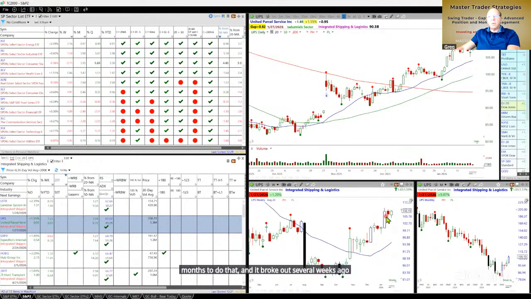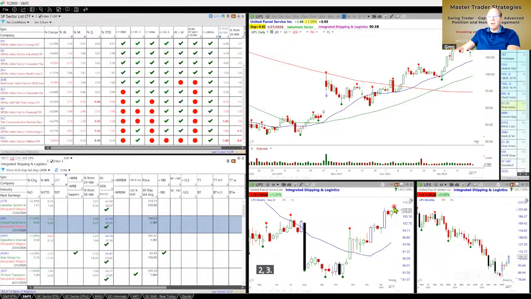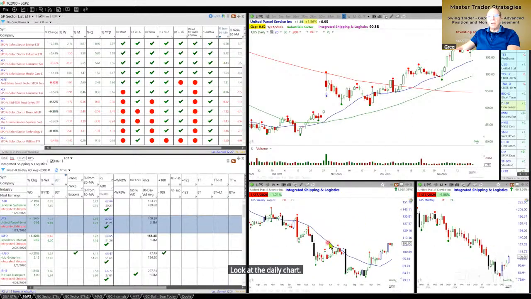This pattern is what we call a 1, 2, 3, 4, which hasn't occurred yet. It's got to trade above here. Look at the daily chart. It's got room to go up. This should be on your buy list. Let's see where it ends the day. Let's see what it does this week.